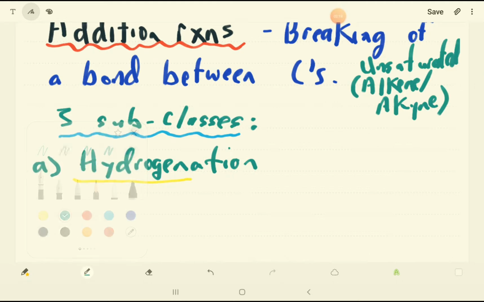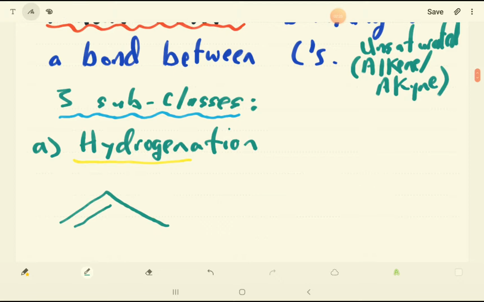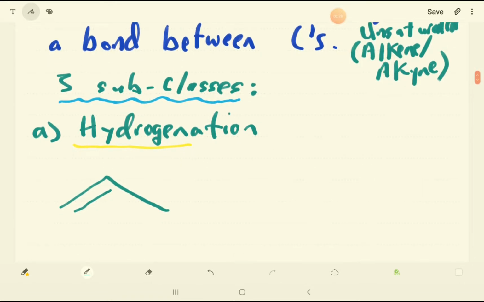So let's say we take an alkene here. And so this would be called, if we were to name it, 1, 2, 3, this would be propene. We don't need to write number 1 because no matter what carbon I would put the double bond on, it would be number 1 anyway.